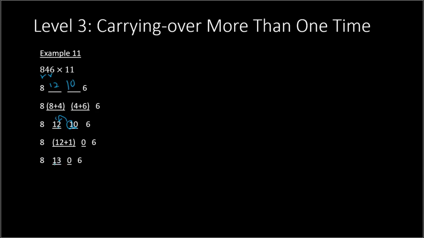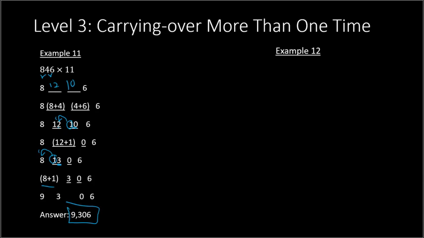So then now one more time, this 13, we keep the 3, but the 1 carries over to the 8. So right to left, we have 6, 0, 3, and then we have 8 plus 1, which gives you 9 in the front. So the digits would be 9, 3, 0, 6, which gives you an answer of 9,306.